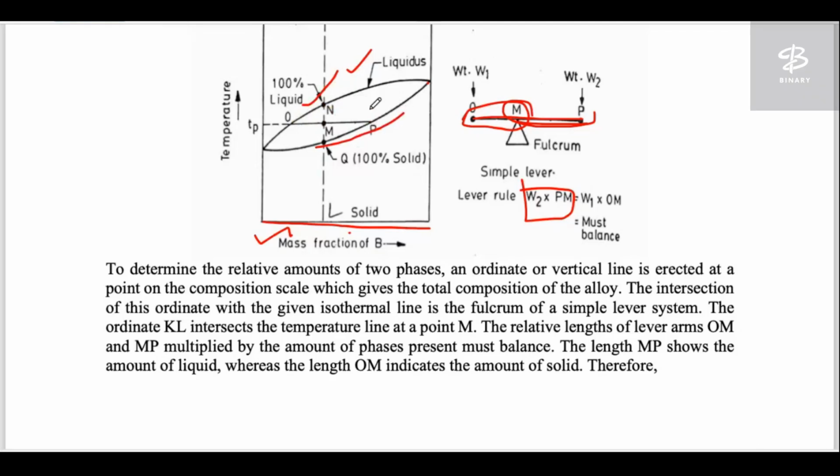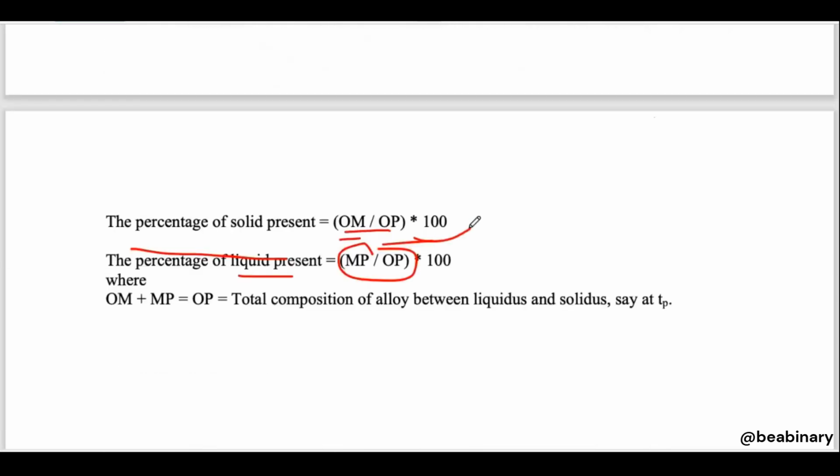To define the solid percentage, you need to take the opposite of this, and divide by the whole OP in both cases. So OM by OP for solid. For the liquid, the liquid line is this one, so you take the opposite part of the line: MP divided by the whole OP, which is common for both. Multiplying by 100 gives the percentage.